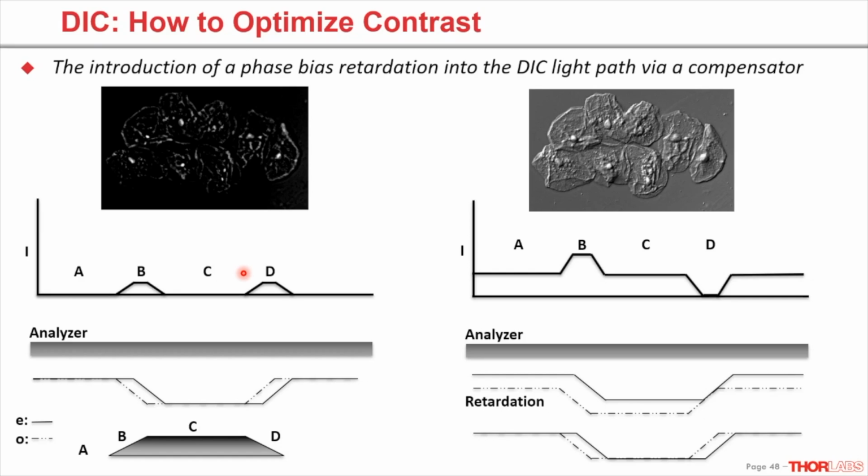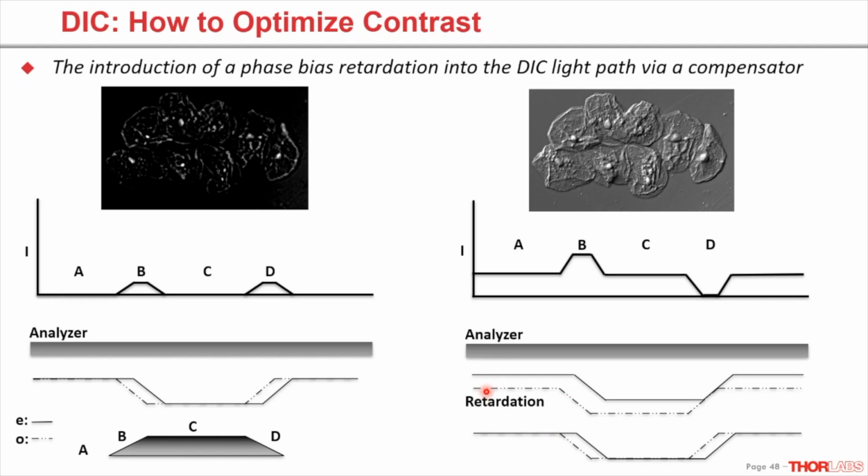So how that works is a phase retardation is introduced. Here's our waveform after the Wollaston prism again. The idea is to advance one of the rays in order to brighten up the background. So now phase shifts from the sample can appear both bright and dark relative to the background.